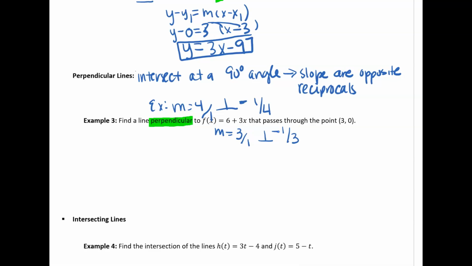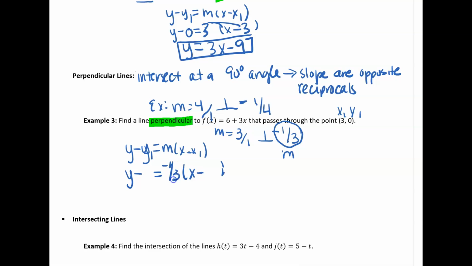Now that is going to be the slope that we use. That's our m of our new line, and still here's our x1, y1. So I'm going to say y minus y1 equal to m of x minus x1. So it's going to be y minus equal to parentheses x minus. So my m is going to be negative 1/3. My x1 is 3.